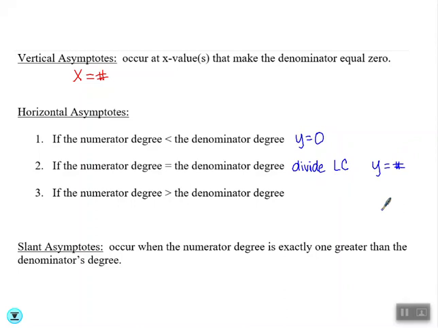If the numerator degree is greater than the denominator degree, you do not have a horizontal asymptote, but you might have a slant asymptote. Depending on which class you were in last year, slant asymptotes might be a new concept. A slant asymptote occurs when the numerator degree is exactly 1 more than the denominator's degree. And you have to find your slant asymptote by doing long division.